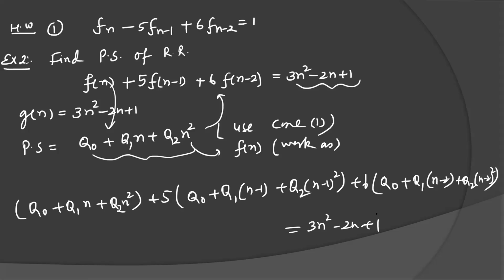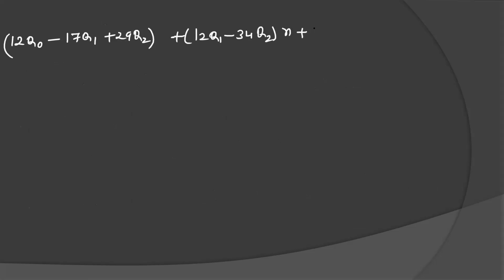Now we will collect the coefficients of constant, n and n square. After collecting the coefficients, we will get 12 q naught minus 17 q1 plus 29 q2 plus 12 q1 minus 34 q2 n plus 12 q2 n square equal to 3n square minus 2n plus 1.